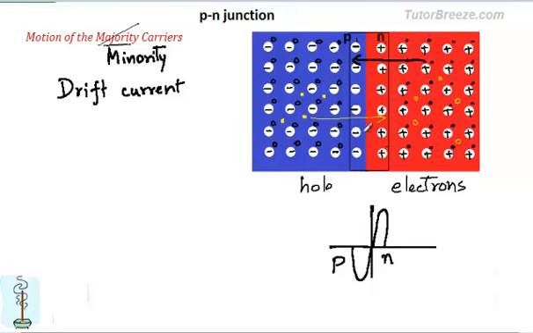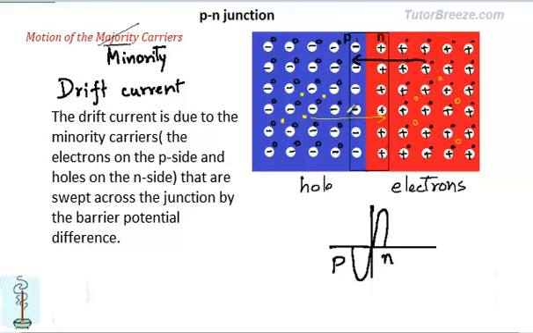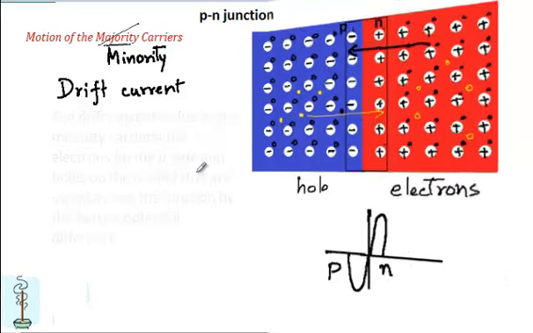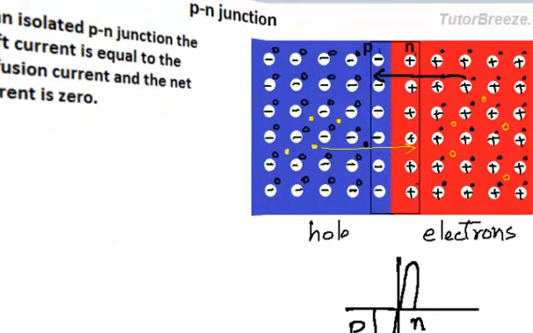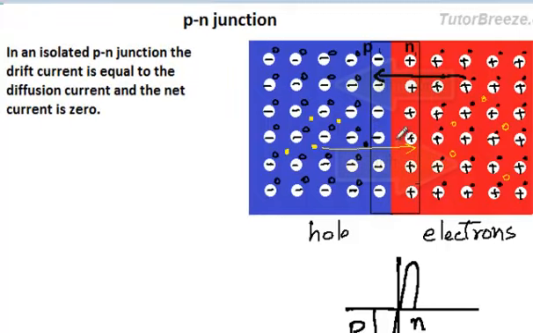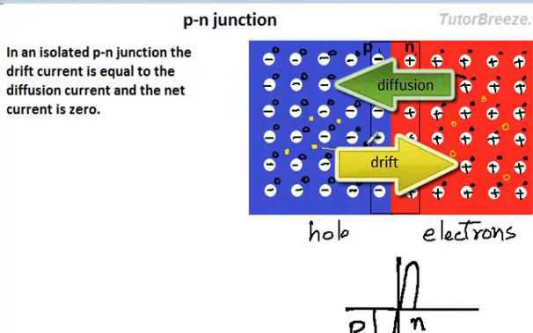So now we can say that the drift current is due to the minority carriers which are present on the p side and the holes which are present on the n side that are swept across the junction by the barrier potential difference. In an isolated p-n junction, the drift current is equal to the diffusion current and the net current is 0.